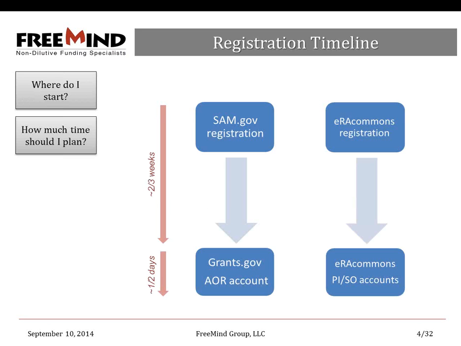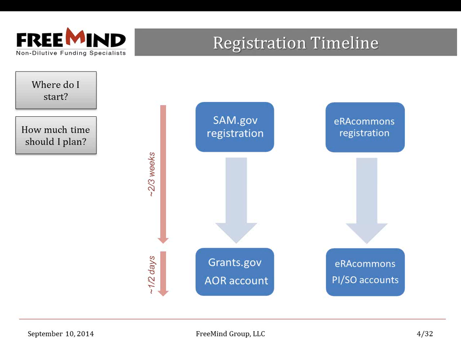So I'm going to describe to you the dynamics of registration. Where do I start and how much time do I plan? Generally, the 3 registrations that I described to you in the previous slides are to be done sequentially and in parallel, in the sense that you have 2 tracks that you have to do in parallel, which you should start as soon as possible.